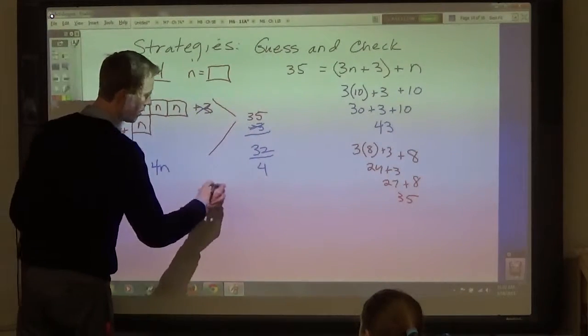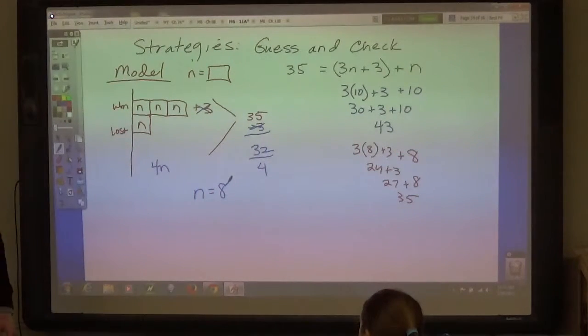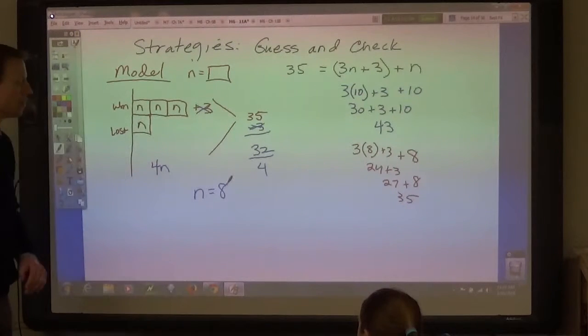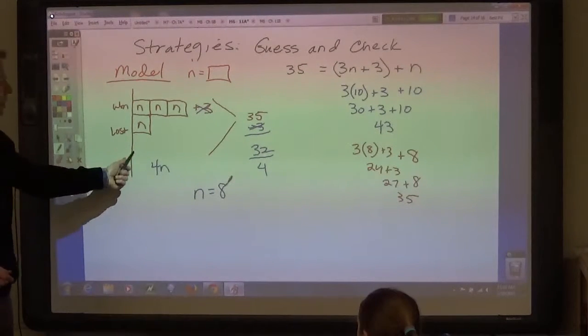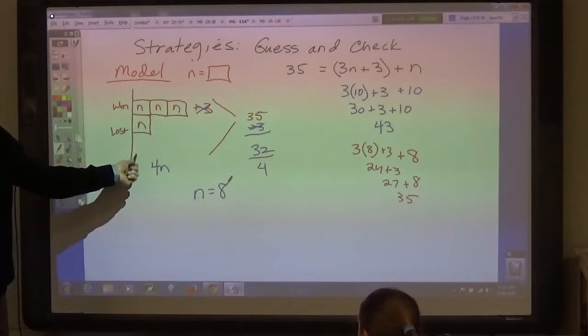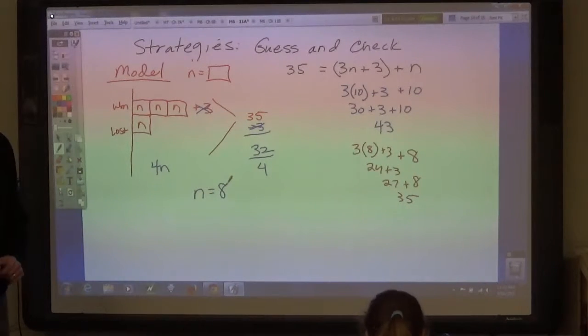And that equals 8. Okay. So by modeling, you can see how much you have and what you can do to get you to the answer. So draw this, put this in your notes, because this is going to also be part of your grade when I grade your notes. Draw this model.